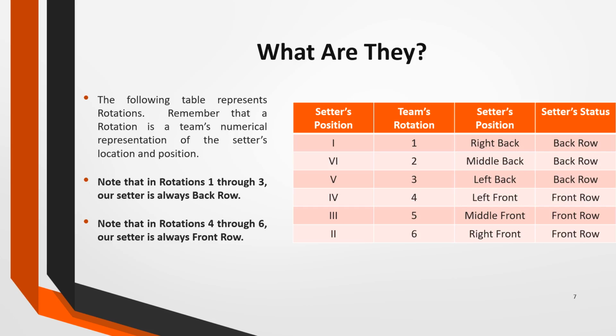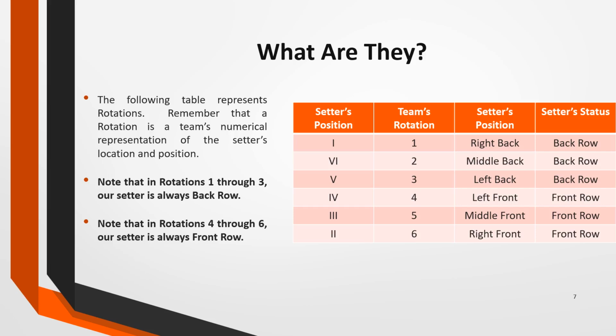Based on the setter's position, that will indicate what the team's rotation currently is and what their setter's status is, whether he or she is a back row player or front row player.